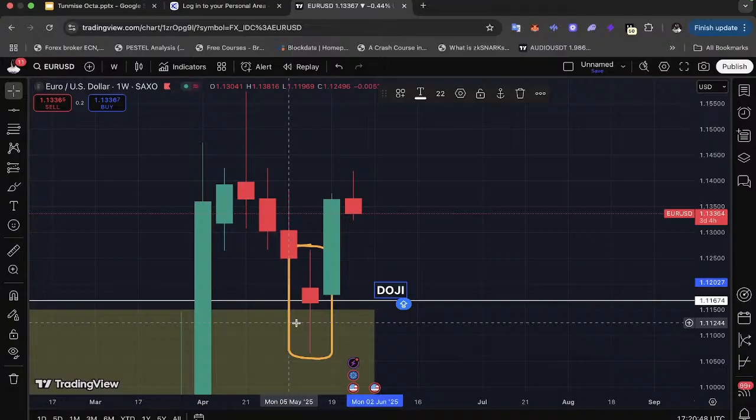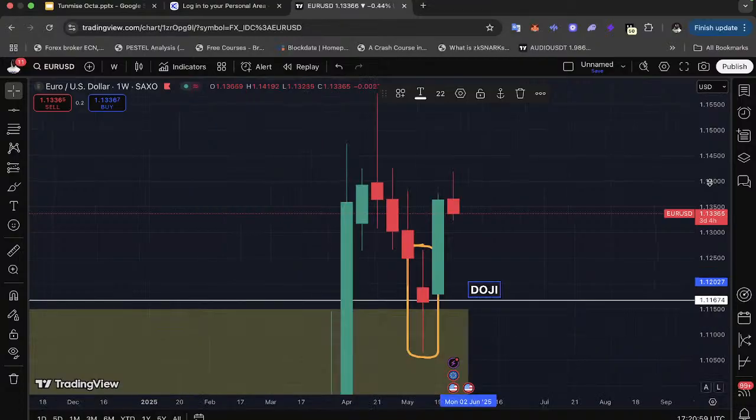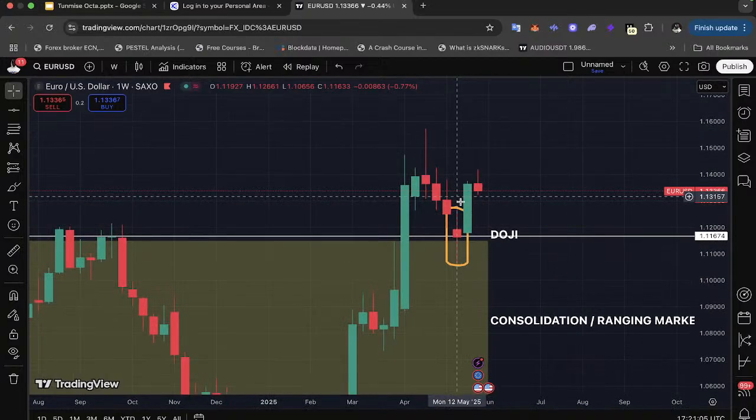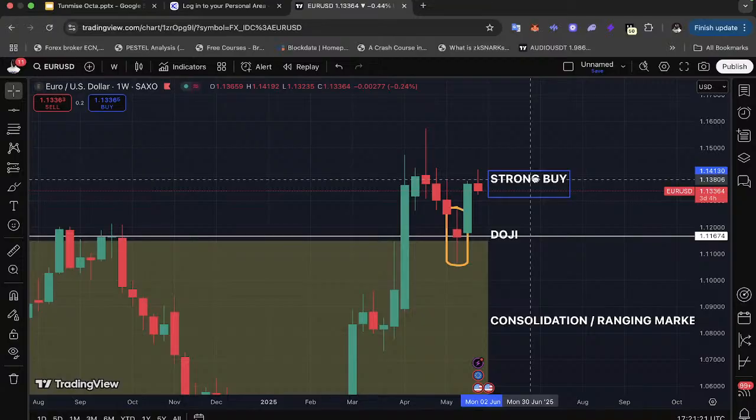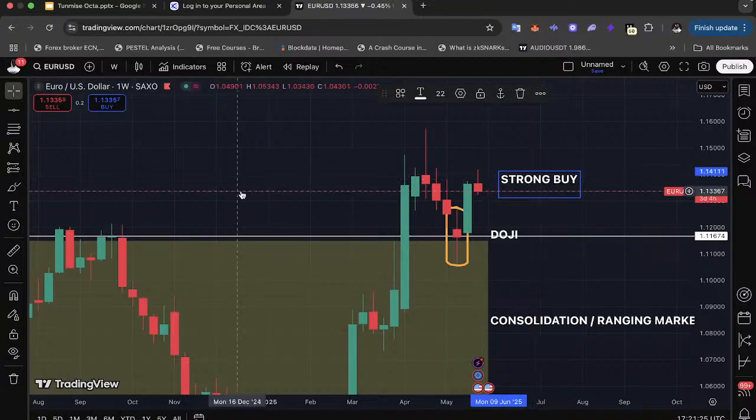Because this resistance zone now has turned support, this confirmation of a pullback and a continuous move in price is a confirmation of a strong buy on EURUSD.